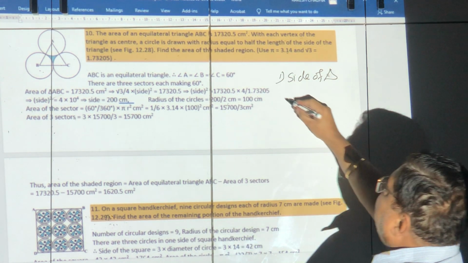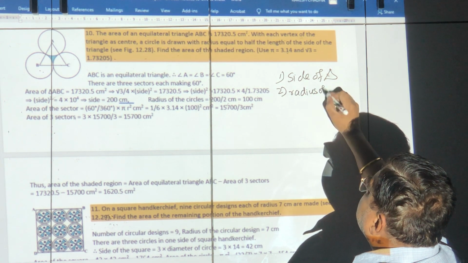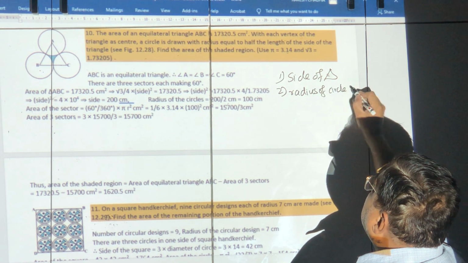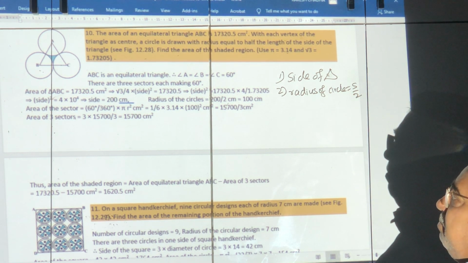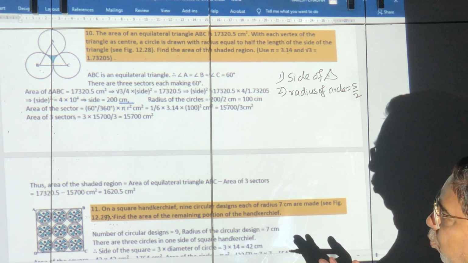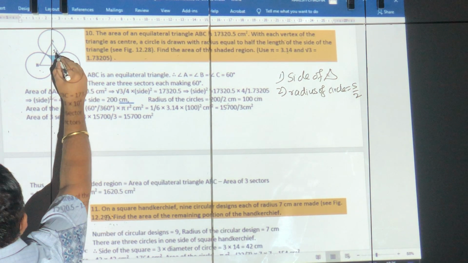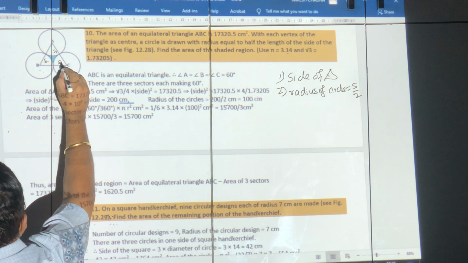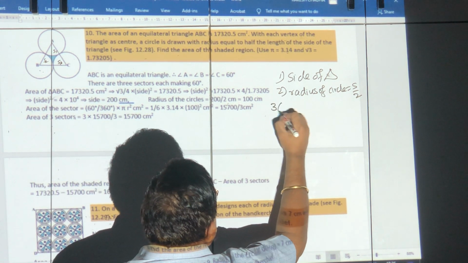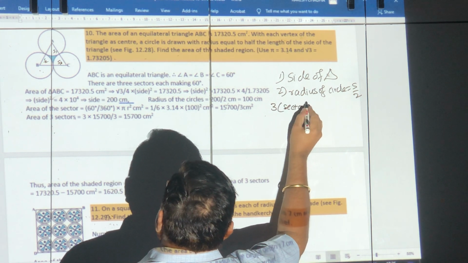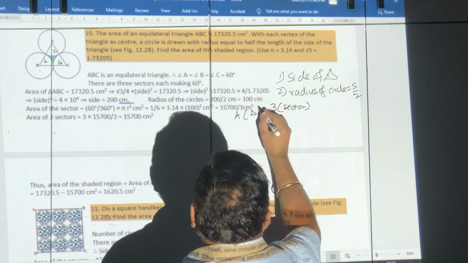Then I can find the radius of the circle. Side half. And then, my friends, 2 ways. Either you find 3 sectors, means find one sector and multiply by 3. So 3 times the area of a sector, subtracted from the area of the triangle.